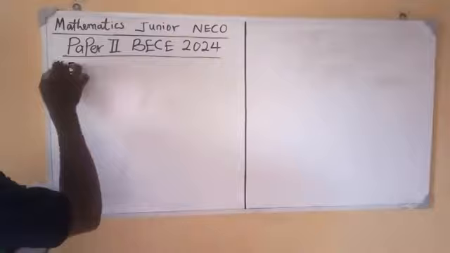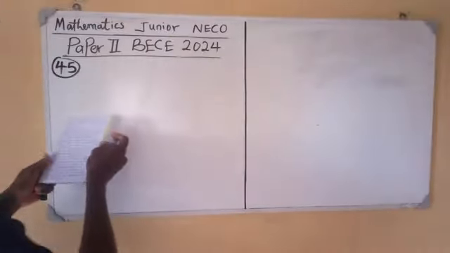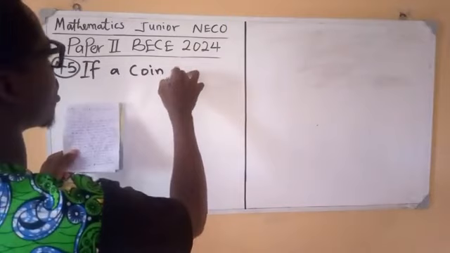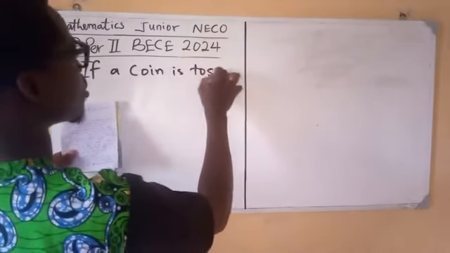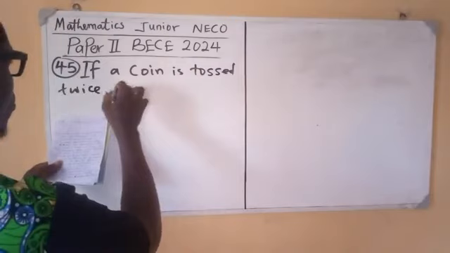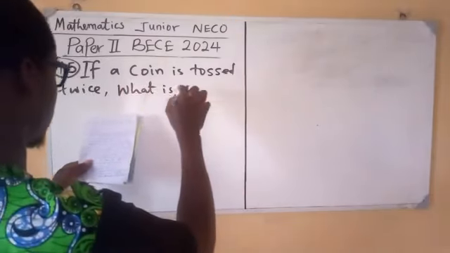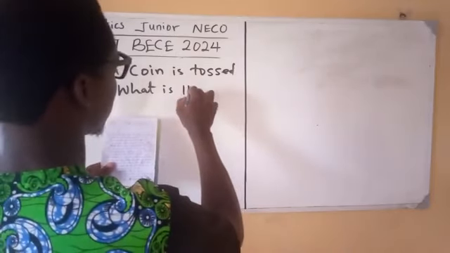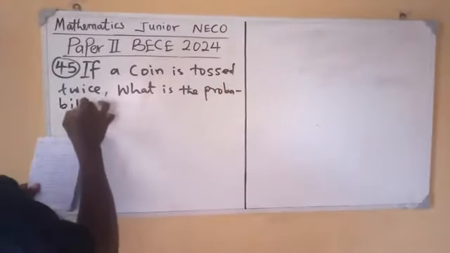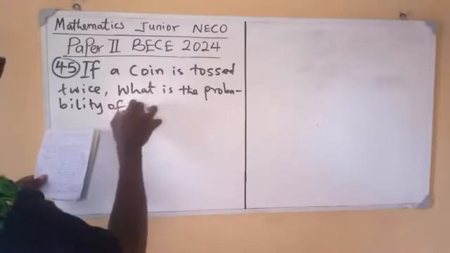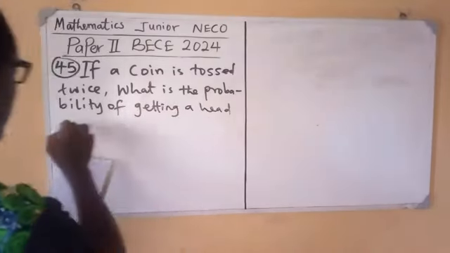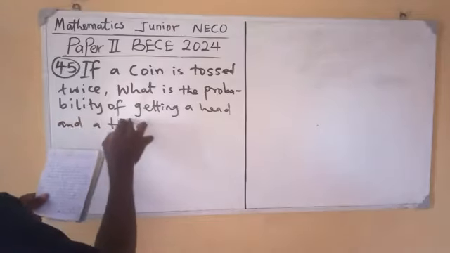It says, if a coin is tossed twice, what is the probability of getting a head and a tail?